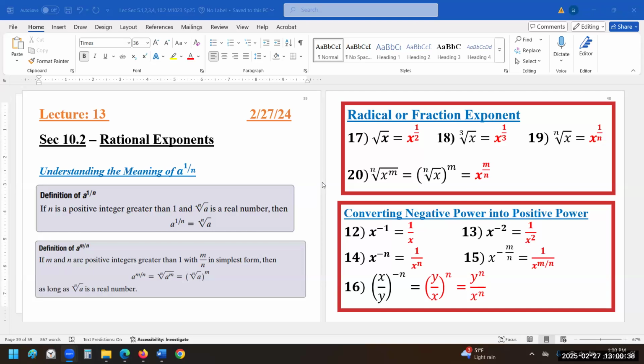The left page and the first portion are the same. They just, the left as a definition, and on the right I wrote them as exponent rules. They're same.